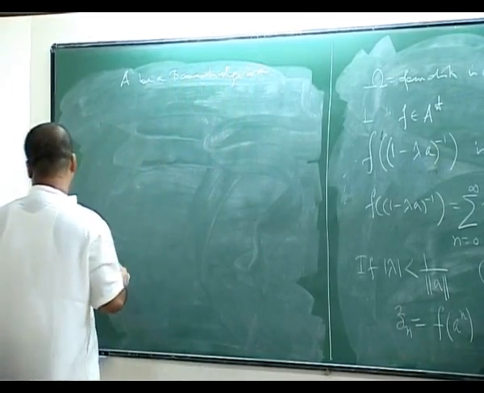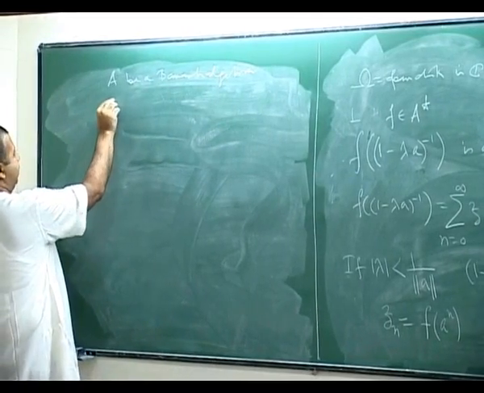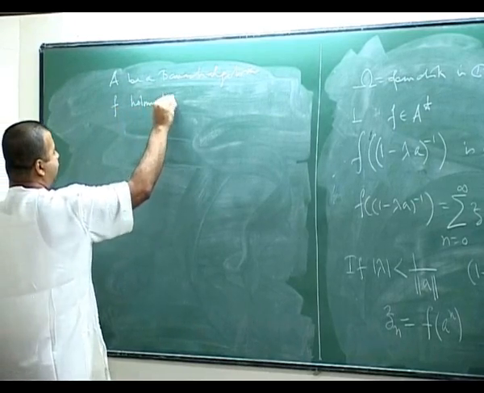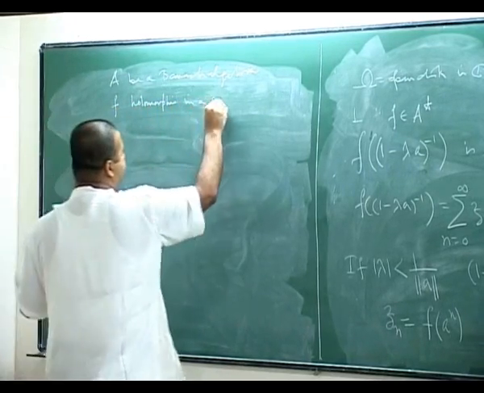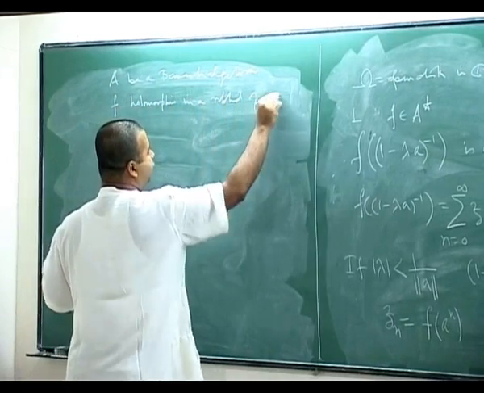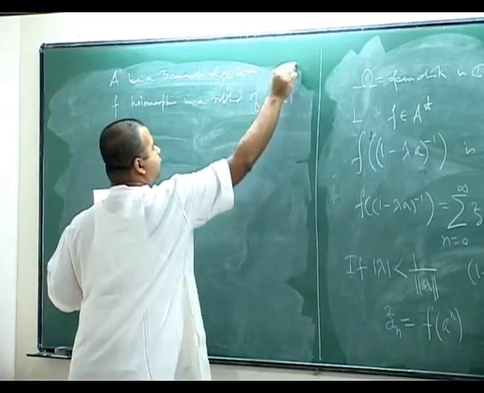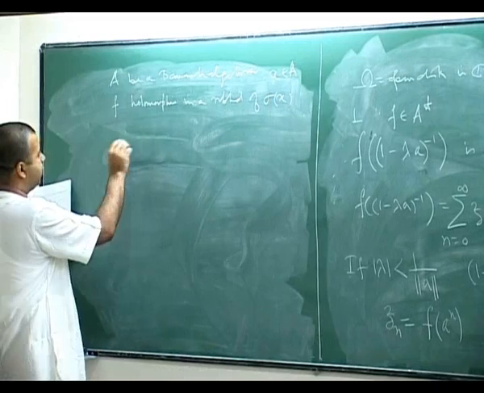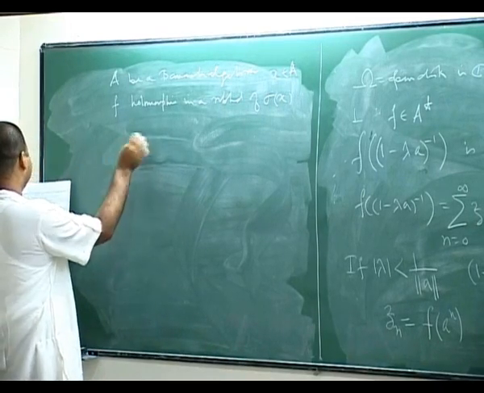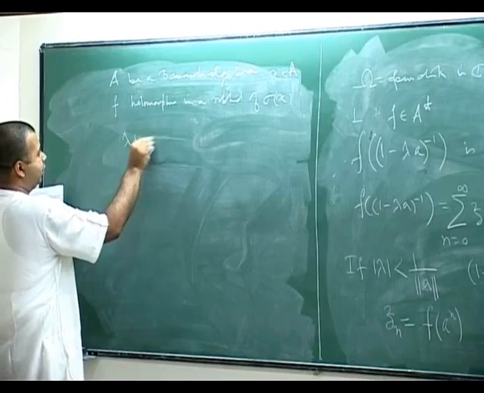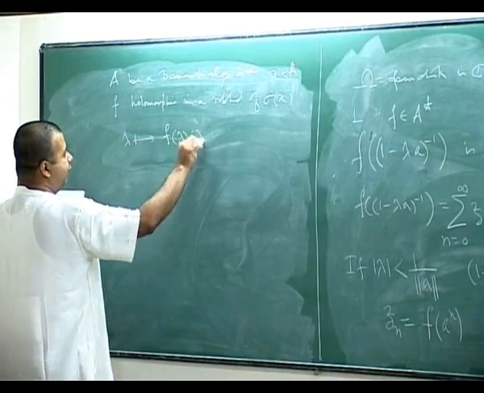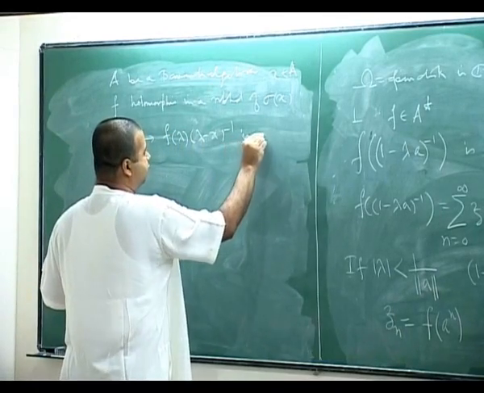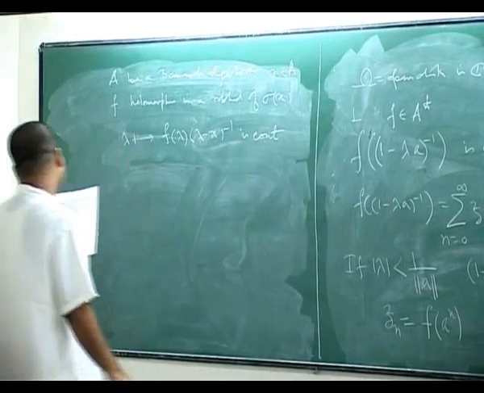I have a Banach algebra A, and I have a function f which is holomorphic in a neighborhood of the spectrum of x, and so we know that this function, namely lambda going to f(lambda) times (lambda minus x) inverse, is continuous.